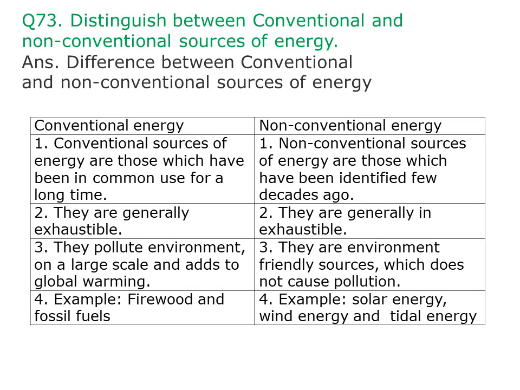For example, firewood and fossil fuel. Whereas non-conventional sources of energy are those which have been identified only a few decades ago. They are generally inexhaustible. They are environment friendly sources which do not cause pollution. Examples: solar energy, wind energy, and tidal energy.